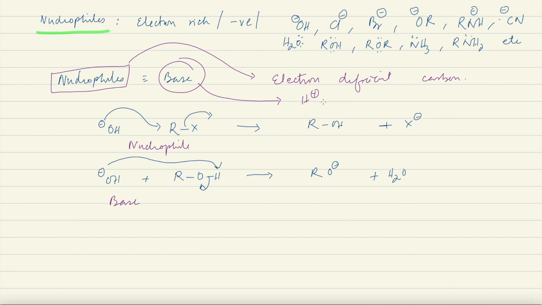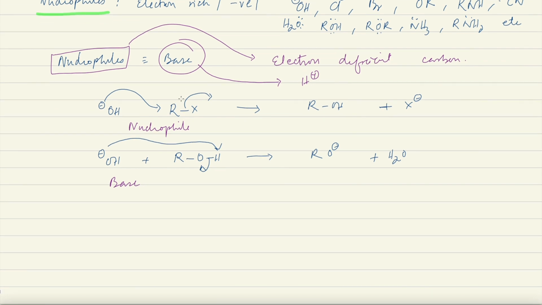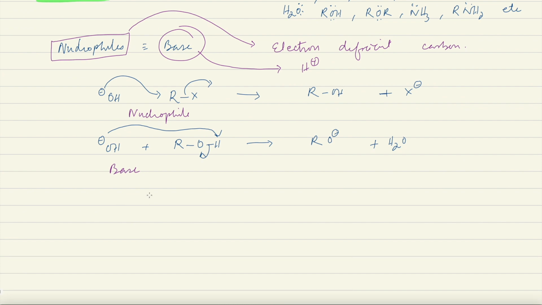One more thing, acid-base reaction is always in equilibrium. If you remember in the first semester, we have taken a look at the Bronsted and Lowry concept of an acid and a base. So we have a base reacting with an acid HA, and this is always in equilibrium, giving A minus plus BH plus.